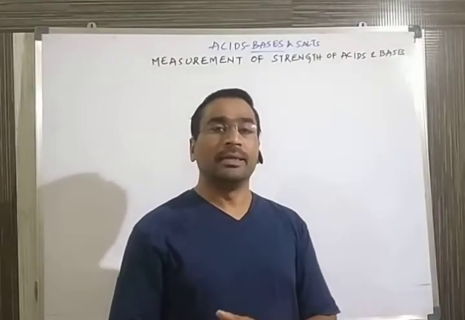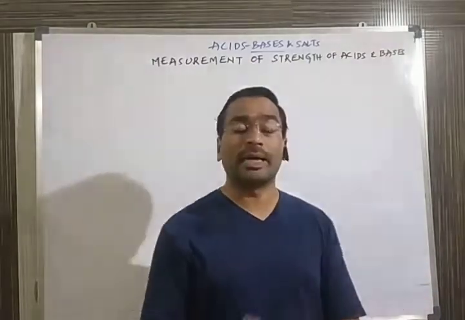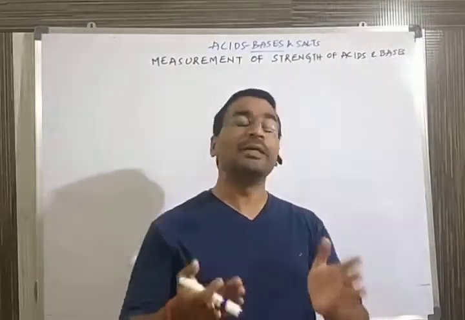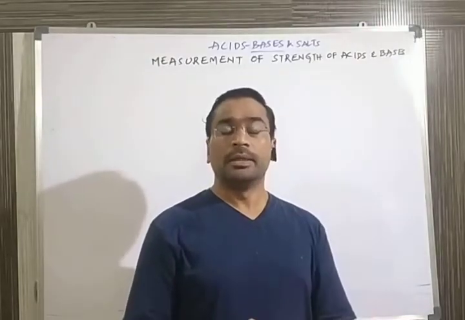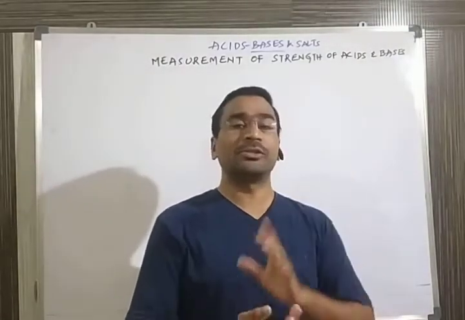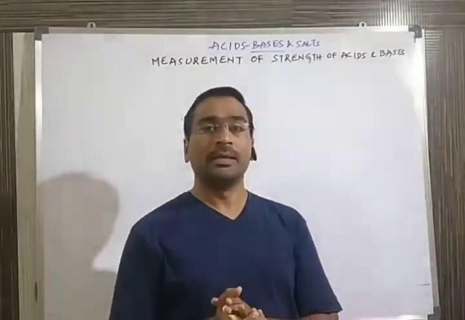All of these are acids only. Which is the stronger acid and which is the weaker acid, we can't say directly. There should be some parameters to say this acid is strong and this acid is weak.